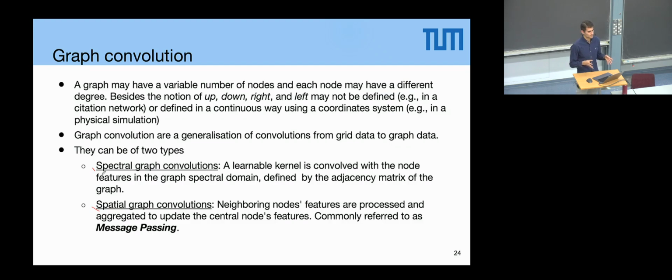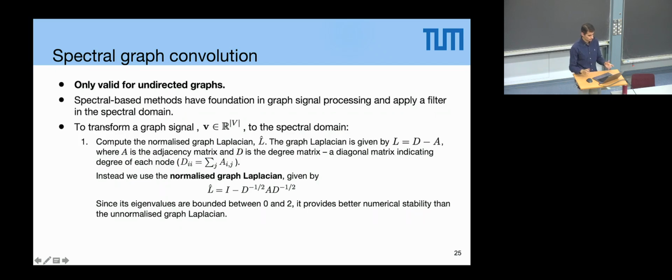The idea is to take our graph, apply some transformation equivalent to a Fourier transformation, and in this Fourier space we can convolve with our filter by doing an element-wise multiplication, and then we go back to the physical space or the graph space. And in the spatial graph convolution, we leverage the idea that in a convolution, each node is sending a message to the central node. We will look at this in detail.